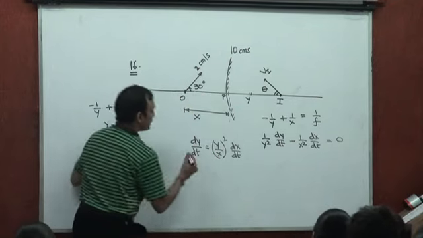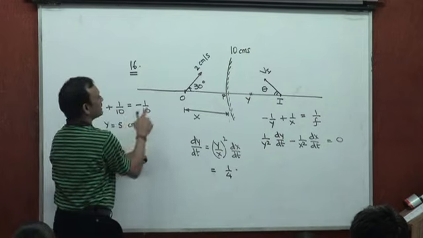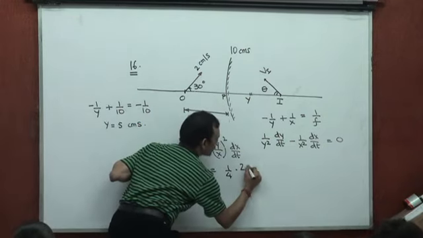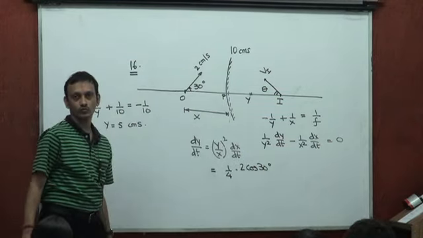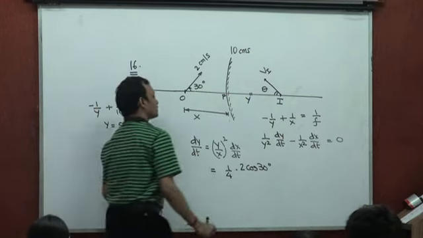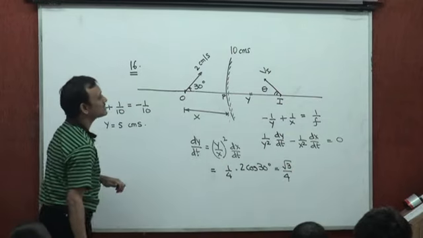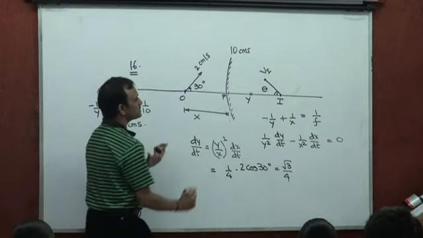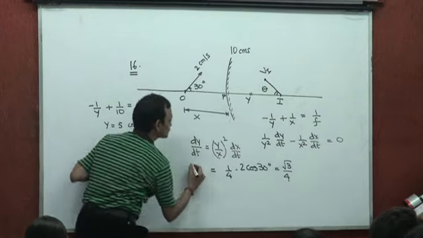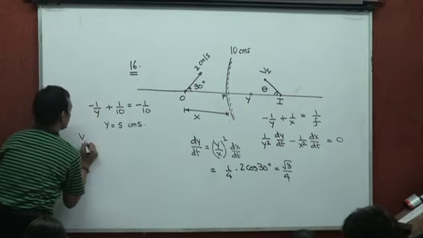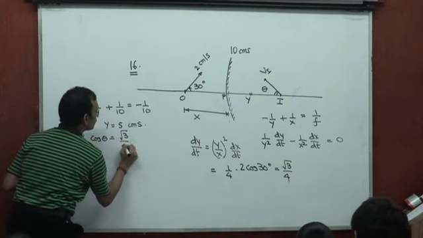Then dy dt turns out to be 1/4 of dx dt, and dx dt is 2 cos 30 degrees, so that makes it root 3 by 4. That's dy dt, which is Vi cos theta. So we have Vi cos theta is root 3 by 4.